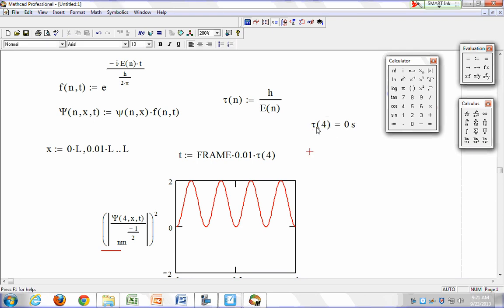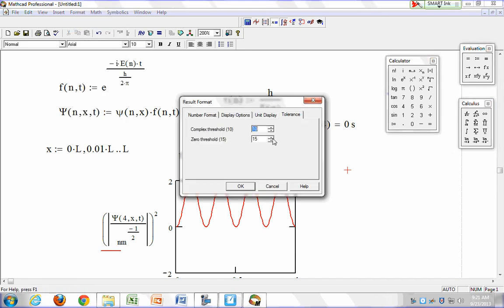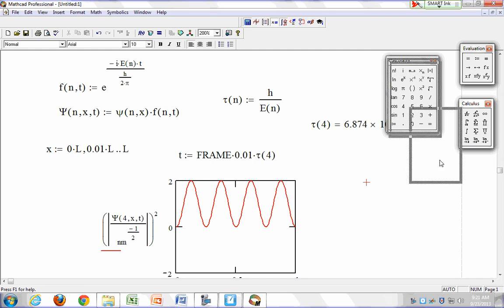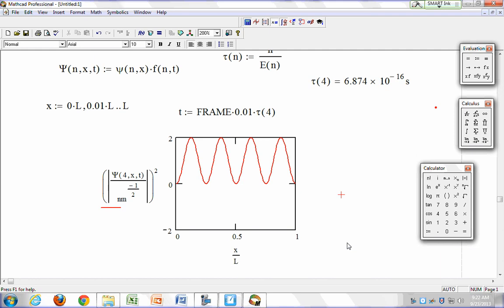That's not 0 seconds. Let's set our zero tolerance to a smaller number, 10 to the negative 16 seconds. Okay, that's 0.6 femtoseconds. So I'm going to advance my time from 0 all the way to tau for this one. Let's see what happens here.